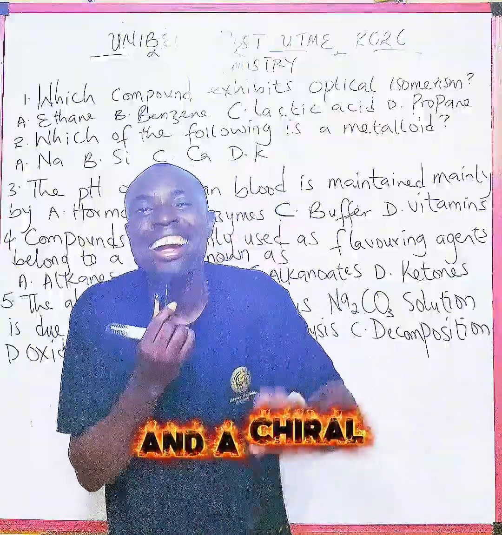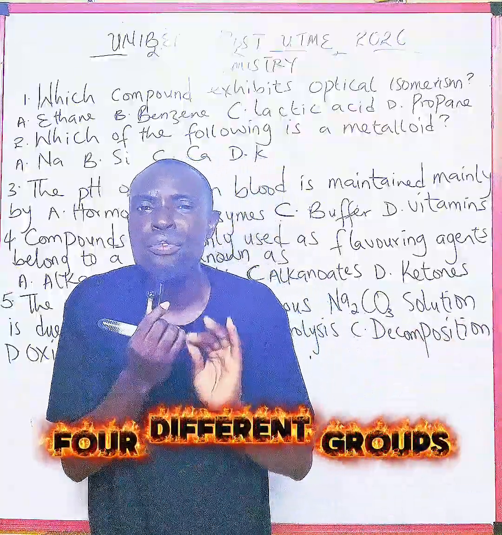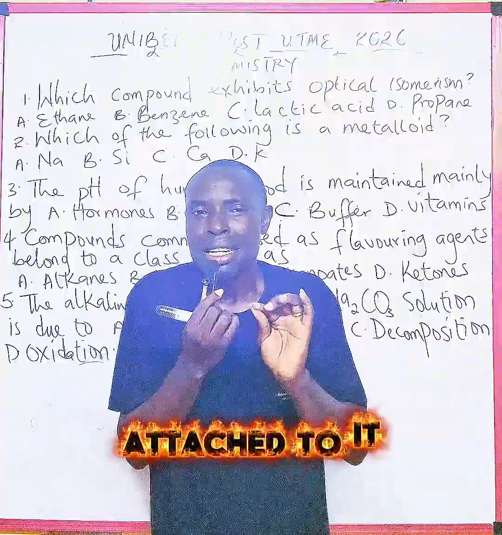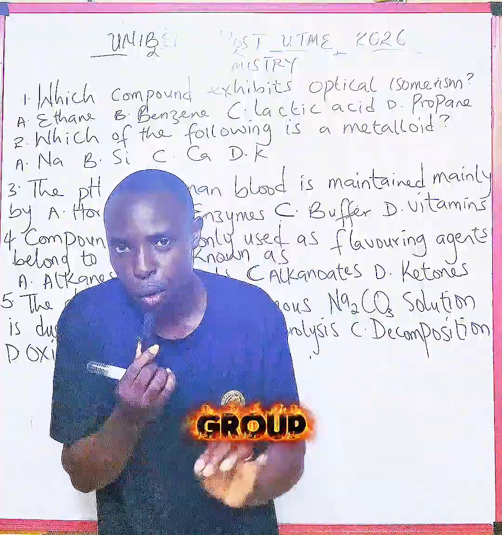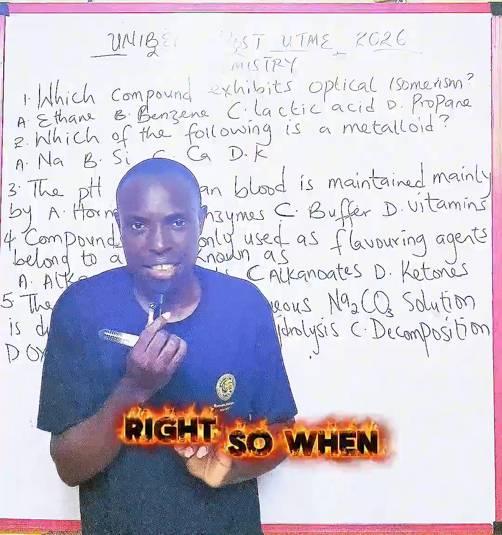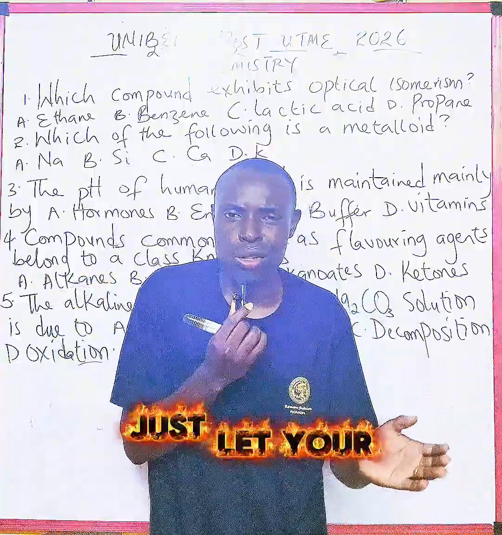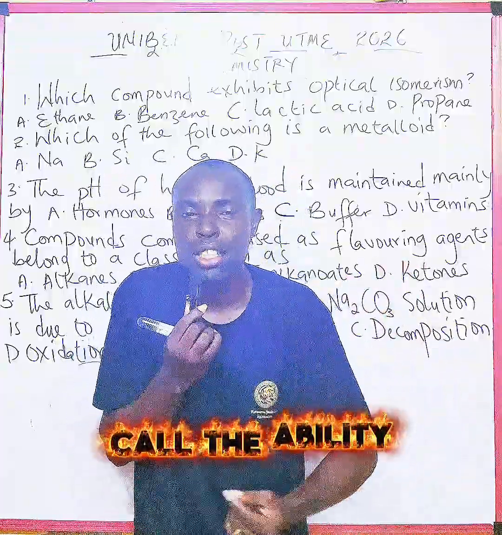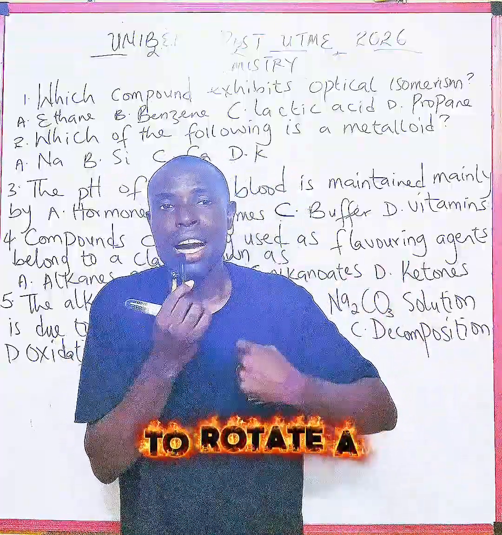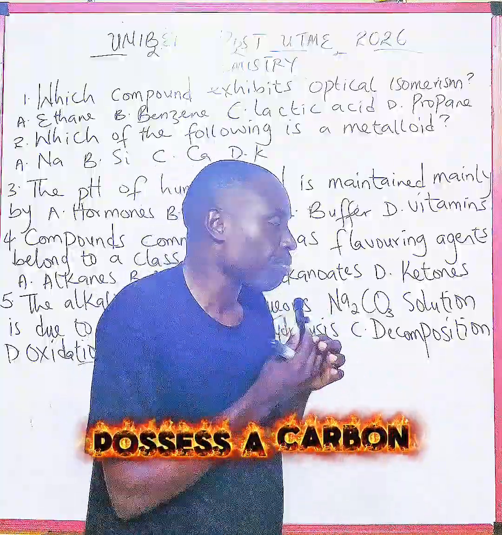A chiral carbon is a carbon that has 4 different groups attached to it. The main emphasis is 4 different groups. So when you see optical, let your mind go to the ability to rotate a plane of polarized light, or possessing a chiral carbon.